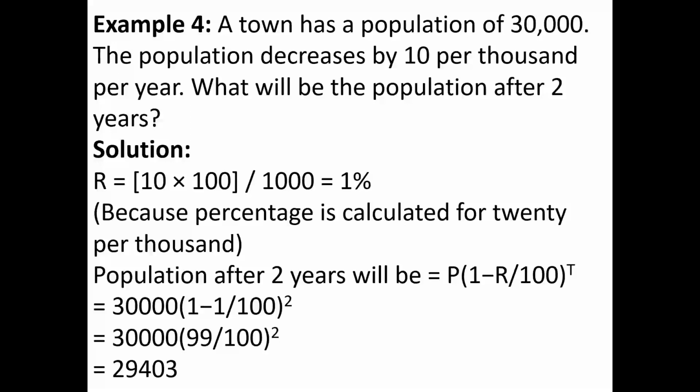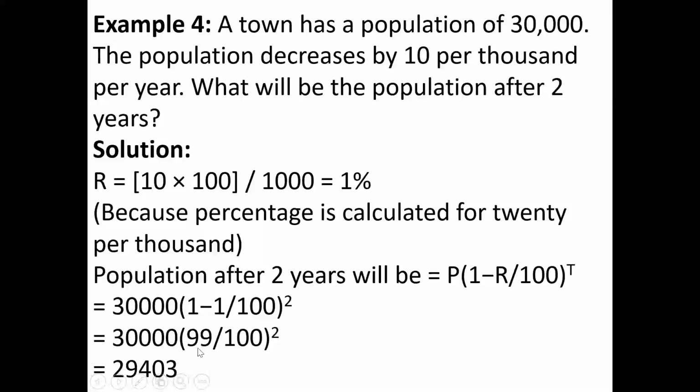So that is also like simple interest, that is R equal to 10 into 100 by 1000, that will give you 1%. So the population after 2 years will be P of 1 minus R by 100, whole thing to the power T, that is 30,000 of 1 minus 1 by 100, whole thing squared.